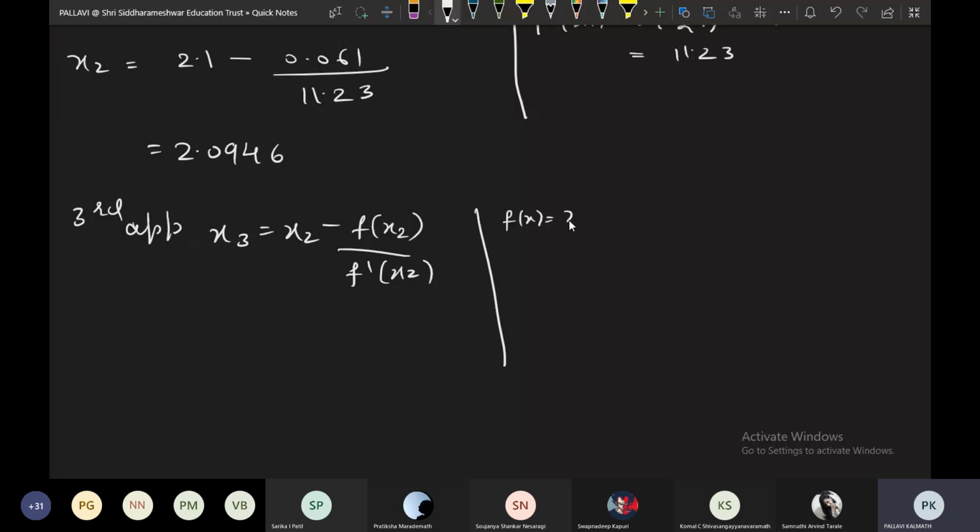Then at the side you can write the equation here. f of x is x cube minus 2x minus 5. Therefore, what will be f of x2? Can anybody calculate and tell me? 0.0005.